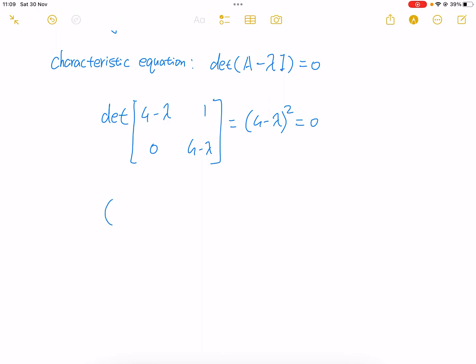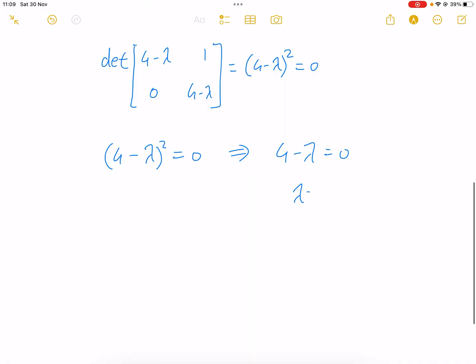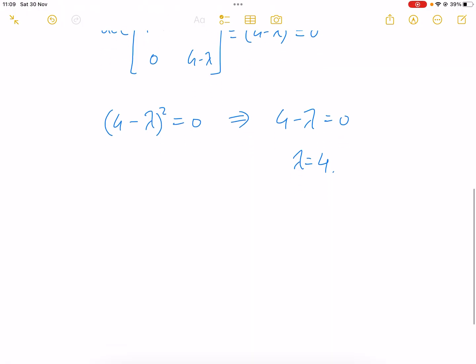So we got the characteristic equation (4 minus lambda) squared equals 0. We can simplify this as 4 minus lambda equals 0, so the eigenvalue equals 4. We only have one unique eigenvalue, but it repeats.